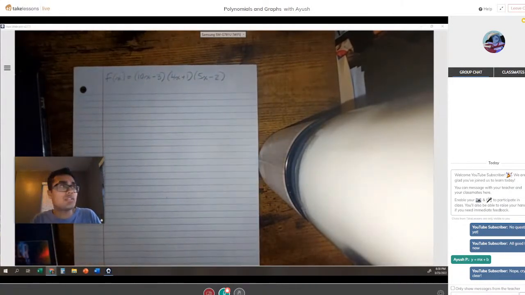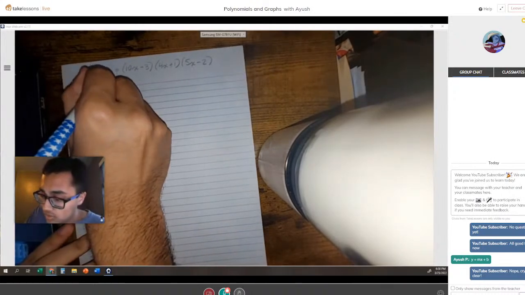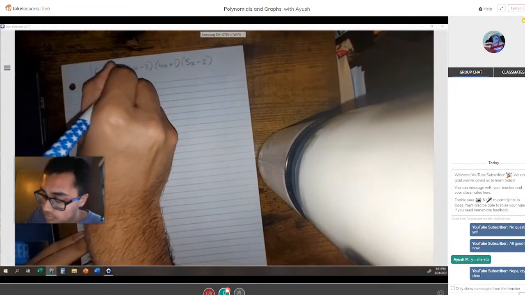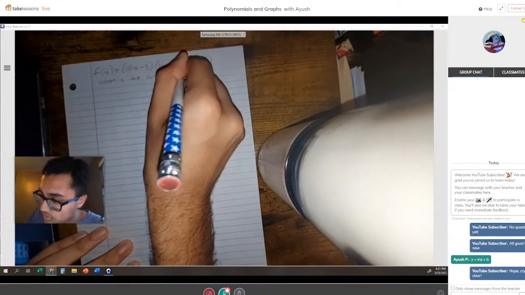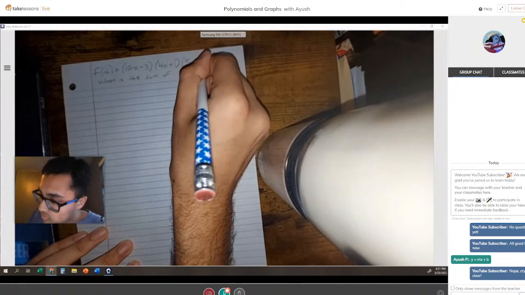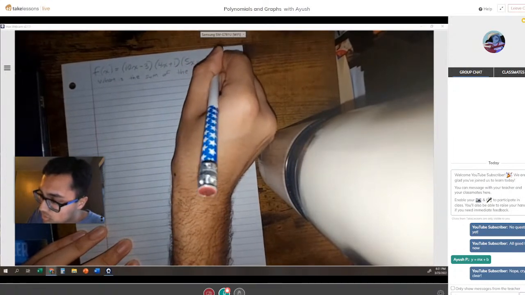Okay, so in this case, you can see we have three monomials, right? And the question is first, find the zeros, right? And then, what is the sum of the zeros? Okay.